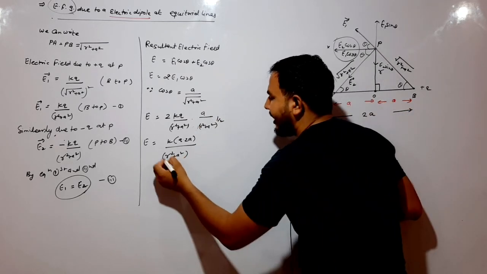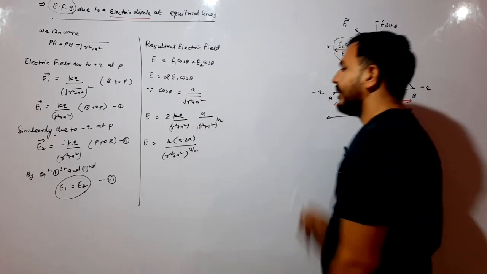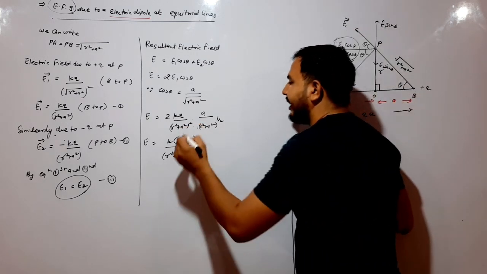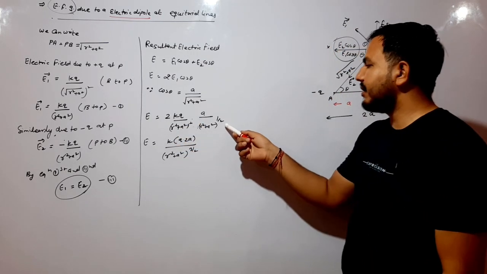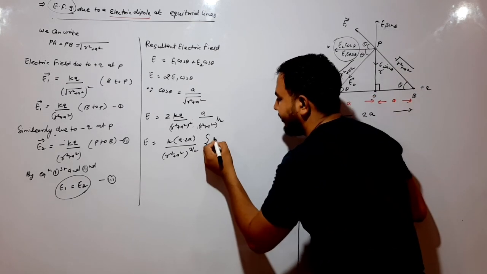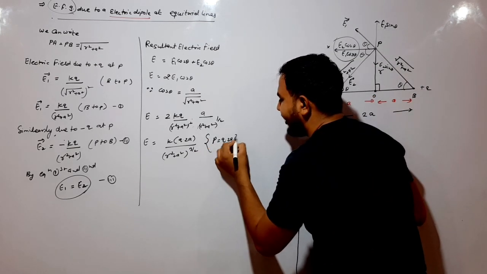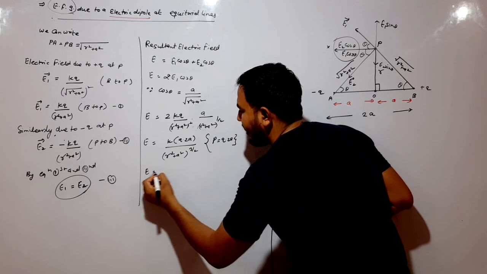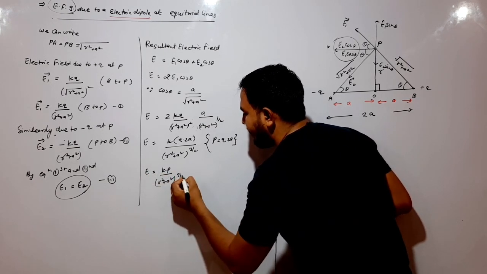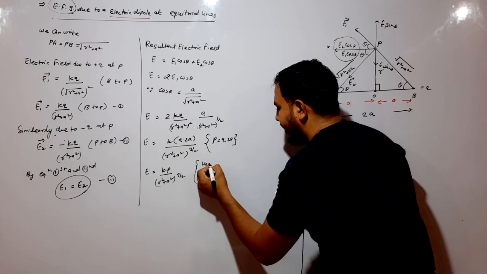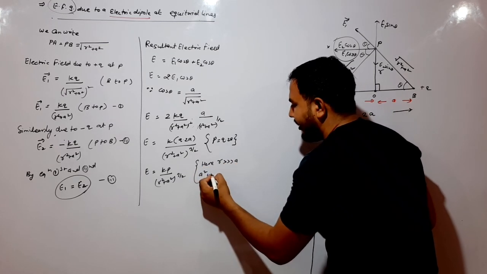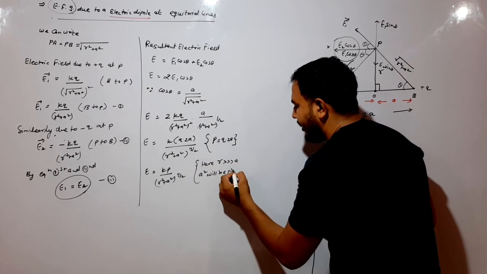So powers are added up, then you can write 3 by 2, because the bases are the same, the power of one is 1, the power of the other is 1 by 2, these are added up. We know that p is equal to q into 2a. E is equal to kp upon r square plus a square to the power 3 by 2. Here r is much greater than a, then a square will be neglected.